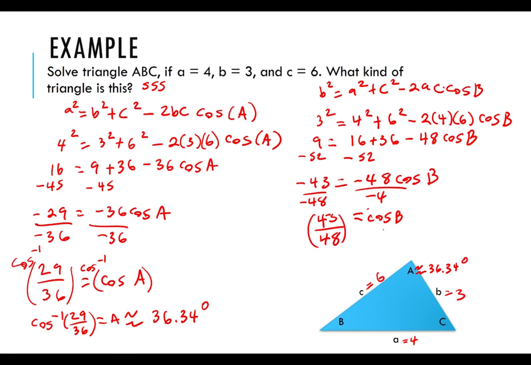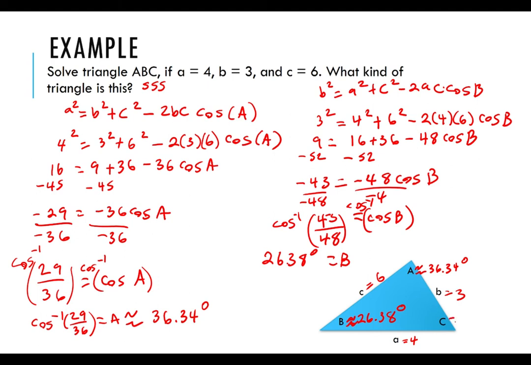Now I'm going to take the cosine inverse of both sides, which gives me that b is equal to 26.38 degrees. That's an approximation.